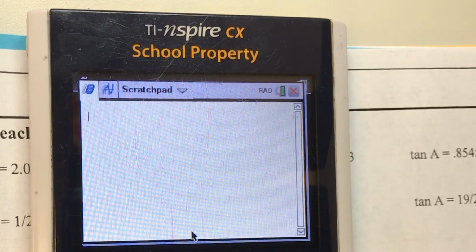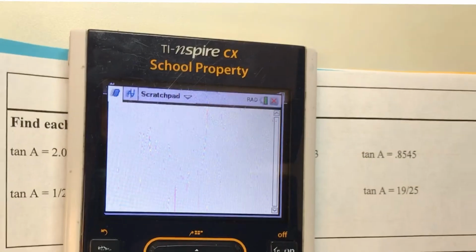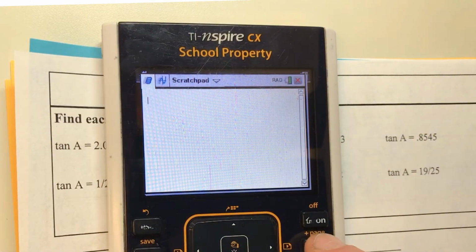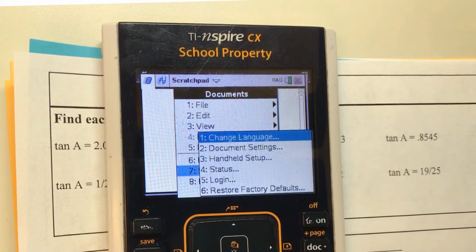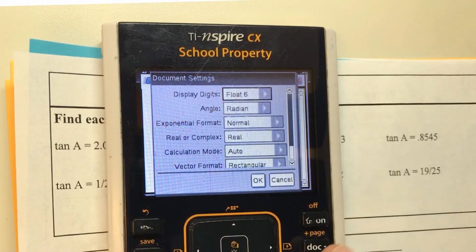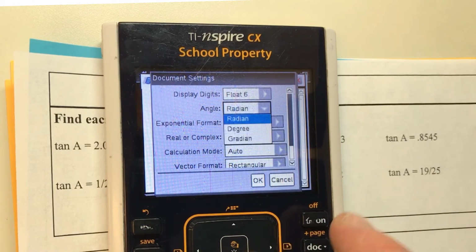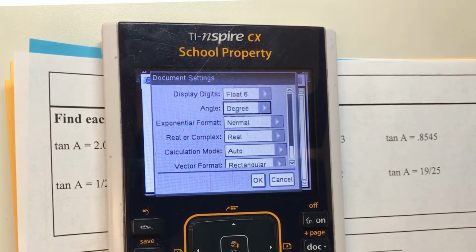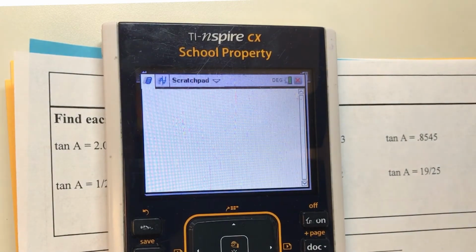So let me show you the way to do it through the menu. From here, just push Doc, 7, 2, To degree. That second line, instead of radian, needs to be set to degree. Okay, set that to degree.